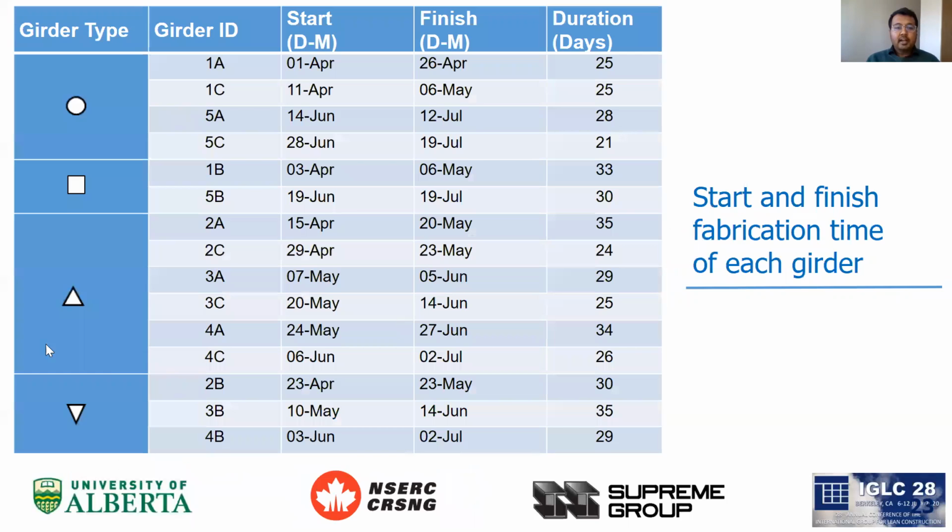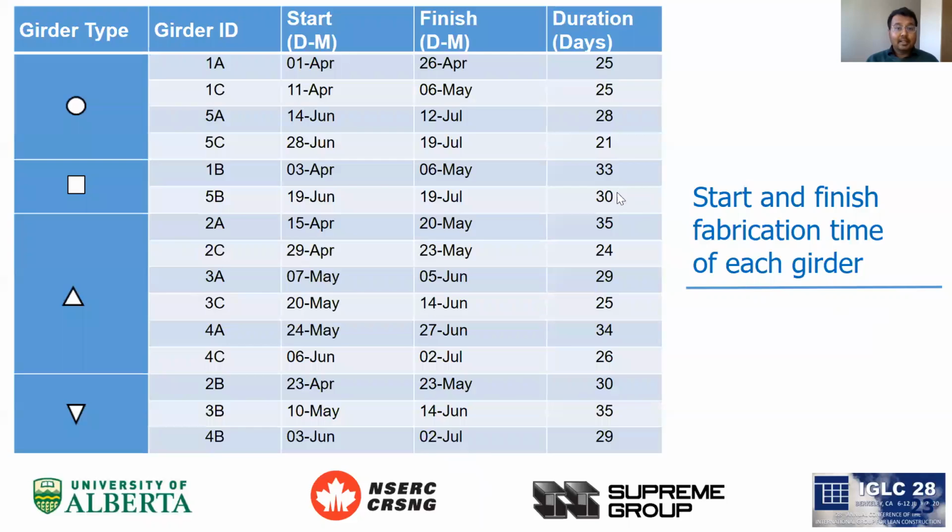So according to the current practice, the shop manager normally assumes that all girders in the shop will have the same duration. But here you can see that the duration normally varies based on the type of the girders. So each girder line needs a different amount of days to be completed, depending on the specific properties and their attributes.